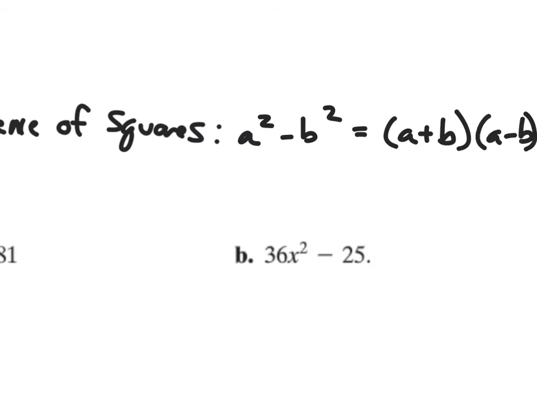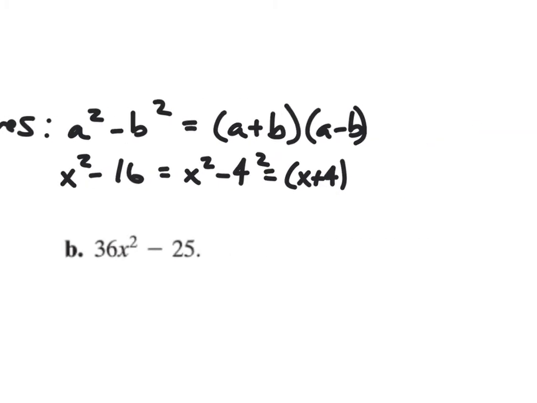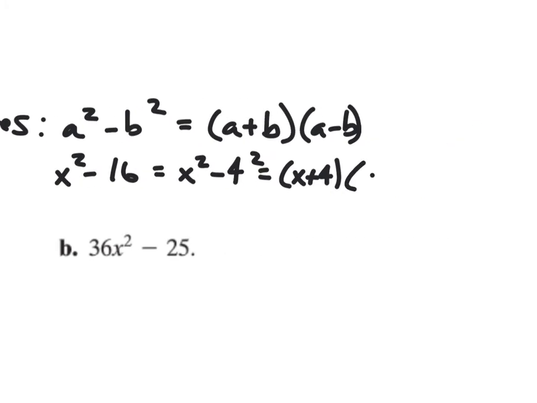The idea behind that, let's say you have x squared minus 16. Well, I can rewrite that as x squared minus 4 squared, and so that's just going to factor to x plus 4 times x minus 4, all right? And that's what we're doing.